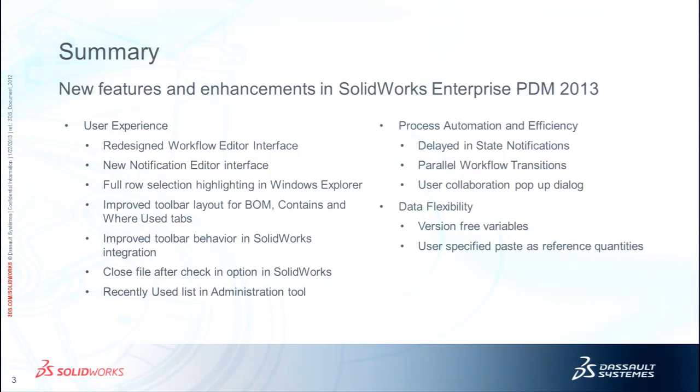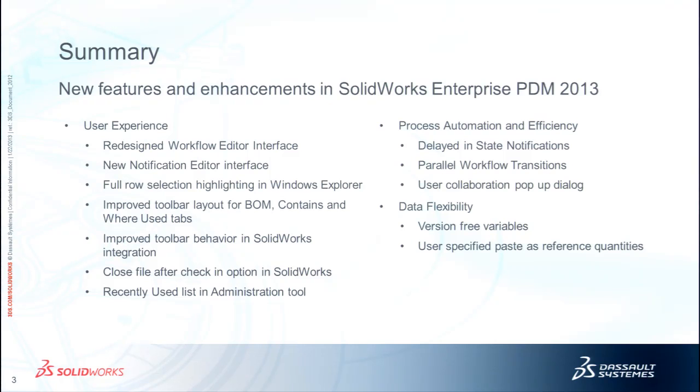Now I'm going to go burst your bubble. Sorry. I can see you cheering in the back there. It's not version-free if you're writing the value of that variable back to the file. So if you have that property mapped to the file, you are in fact creating a version, hence no free. Okay?